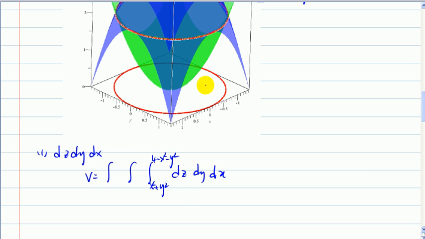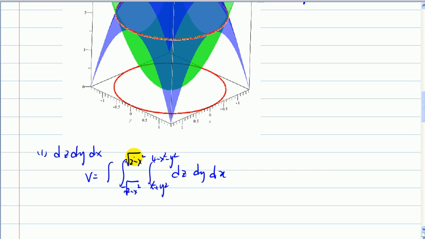Then for y and x, you look at the shadow. First draw arrow lines in the y direction. The first contact gives you y min, which is negative square root of 4 minus x squared, and positive square root of 4 minus x squared.